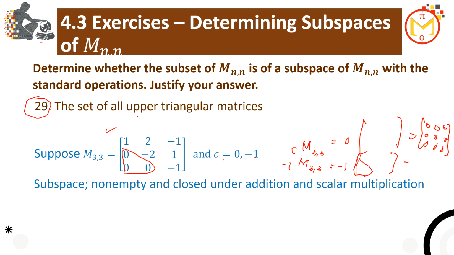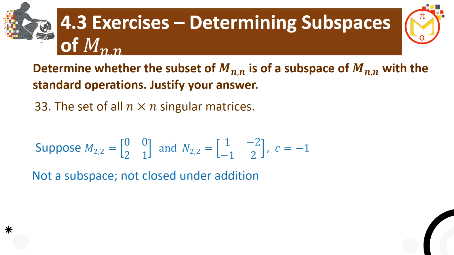So the result will still be an upper triangular matrix. It will not change the form. You can multiply any value, as long as this is 0, it will always be an upper triangular matrix. So it is closed under addition and scalar multiplication.